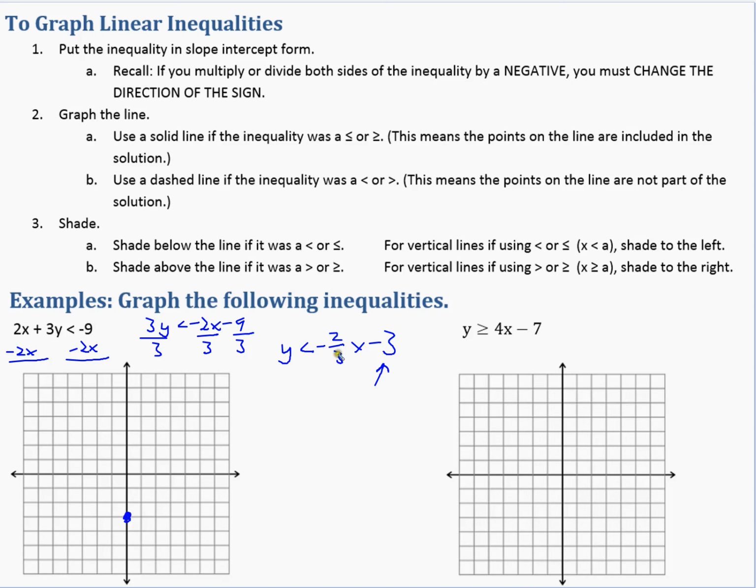Now, remember this negative 2/3 we can think of as negative 2 over 3 or 2 over negative 3, either way. So using this one, we would go down 2 and right 3. We can put a point, and we can do that a couple times. Or this one, this is a rise over run, so a positive 2 and a left 3.